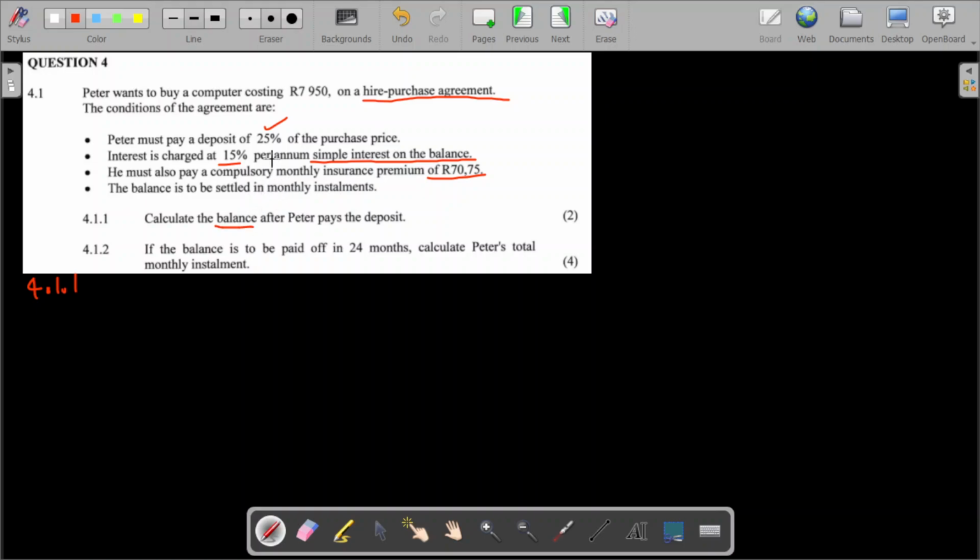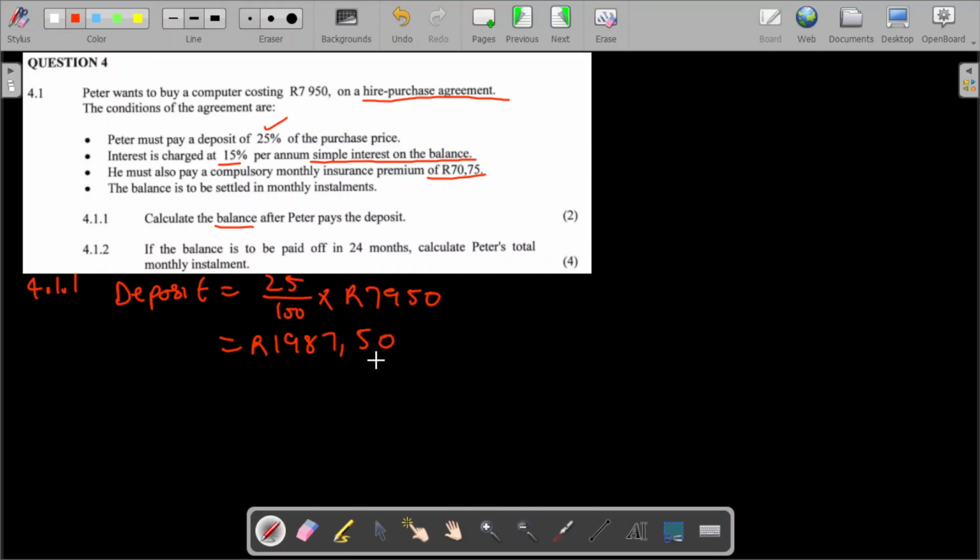Peter is going to pay a deposit of 25%, so we say 25 divided by 100, times the price of 7950, which gives us 1987.50.